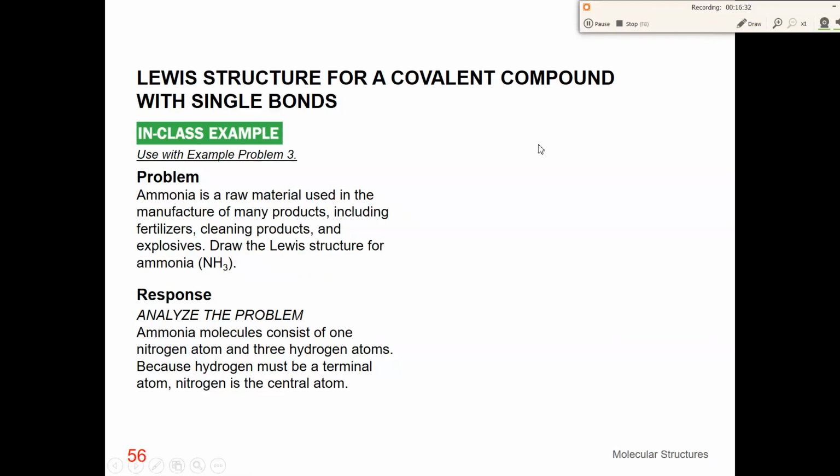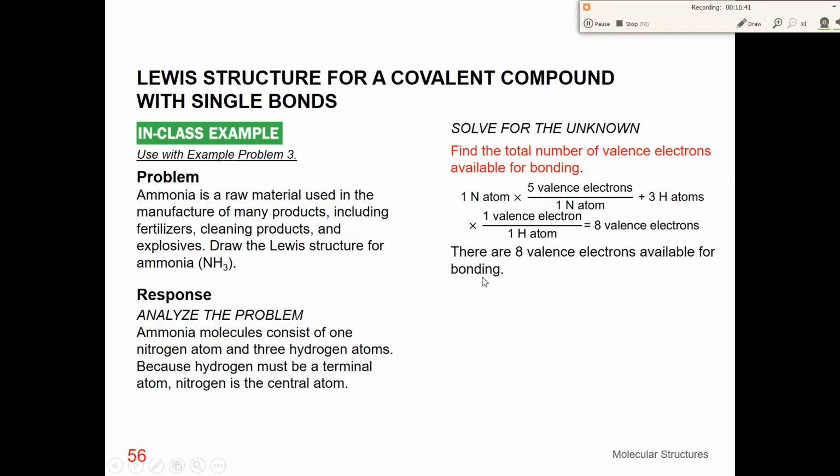Here's an example. We need to figure out the Lewis dot structure for ammonium, NH3. Just follow the steps we just talked about. First step, figure out the total number of valence electrons available. Nitrogen has 5. If you forgot how to figure out valence electrons, review the previous chapters.